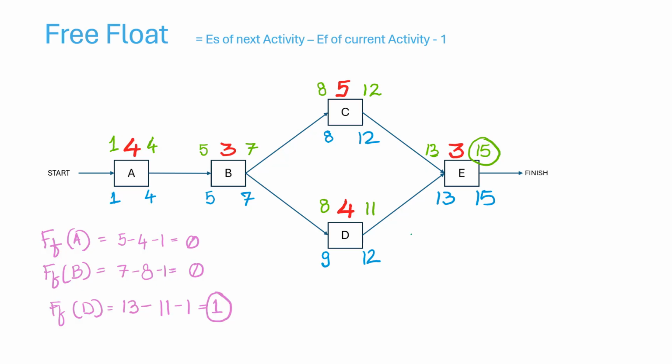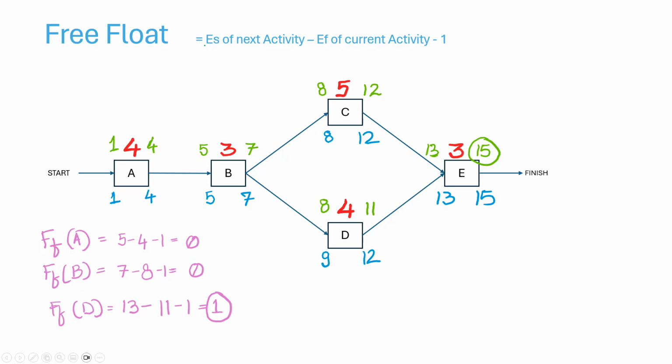Free float of any individual activity is the amount of time that it can be delayed without impacting the total duration of a project. It is important to know the free float of activities while a project is in execution, because it can help you handle unexpected delays on the project while it is in execution. You will have some precious bandwidth while dealing with unexpected contingencies on the project.